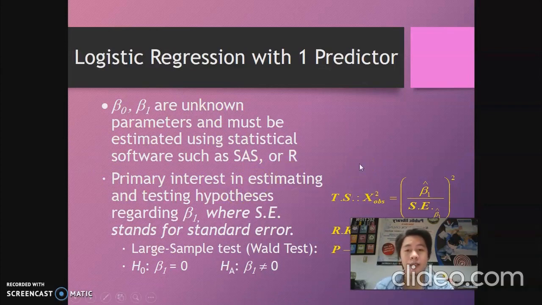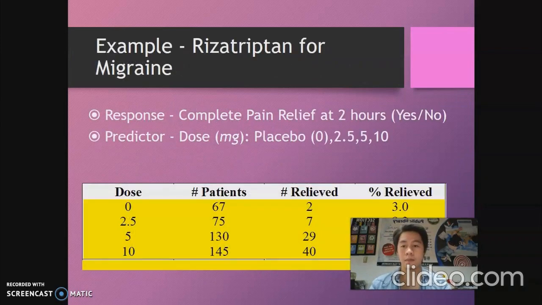The primary interest is in estimating and testing hypotheses regarding coefficient 1, where SE stands for standard error, using a large sample test or Wald test. So we have H0: coefficient 1 is equal to 0, and HA: coefficient 1 is not equal to 0.